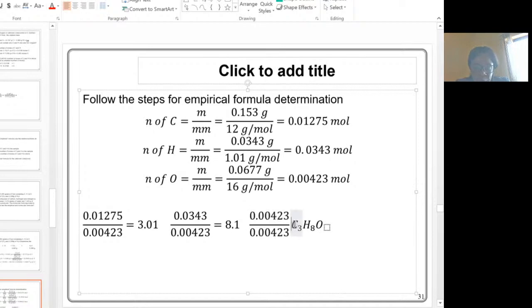Right, so that gives us the empirical formula of the compound. So meaning the empirical formula of this compound is basically C3H8O.